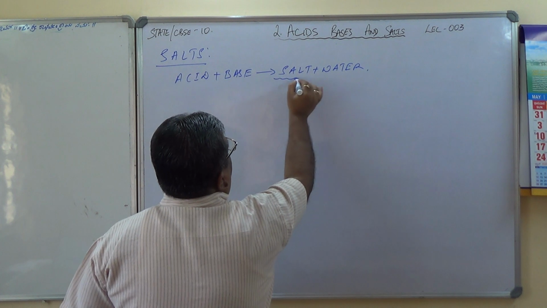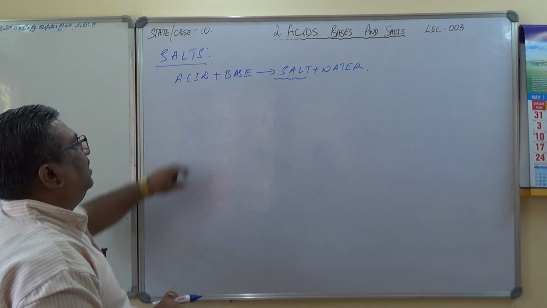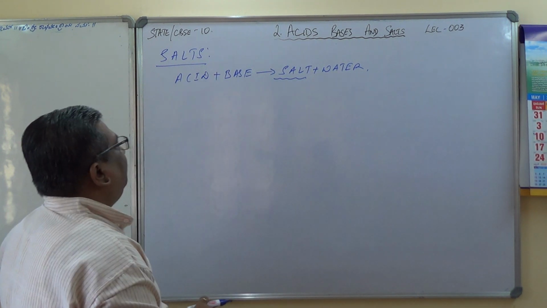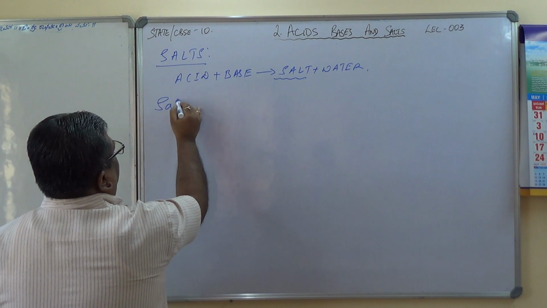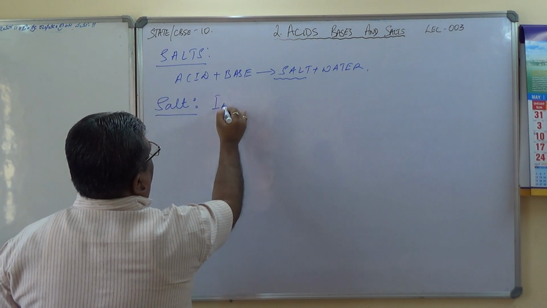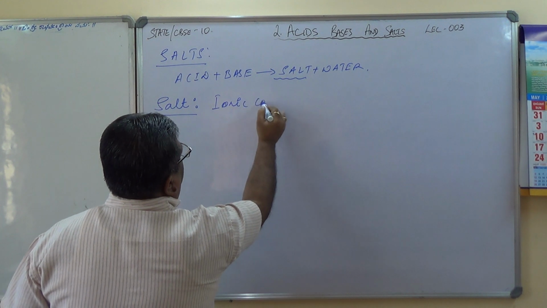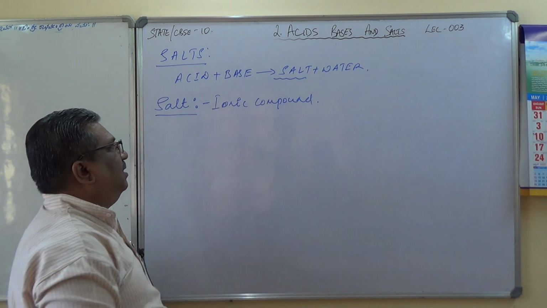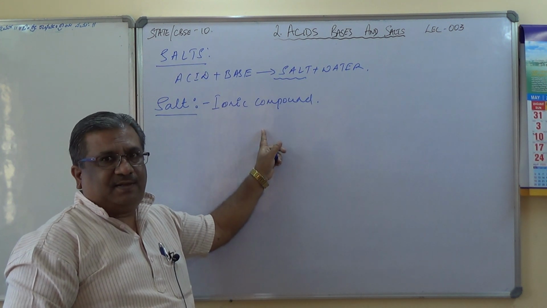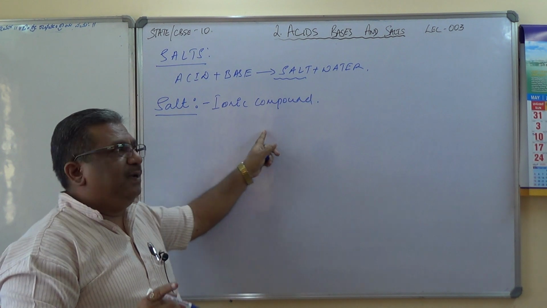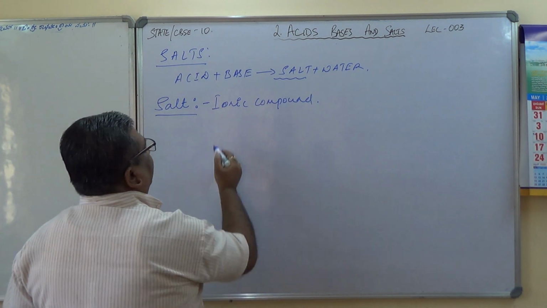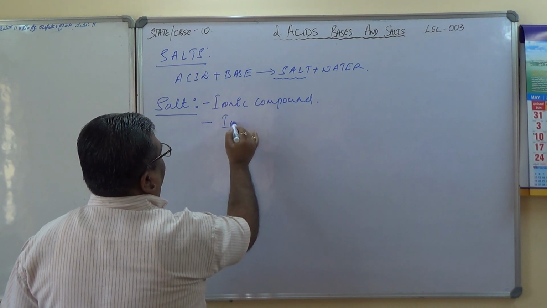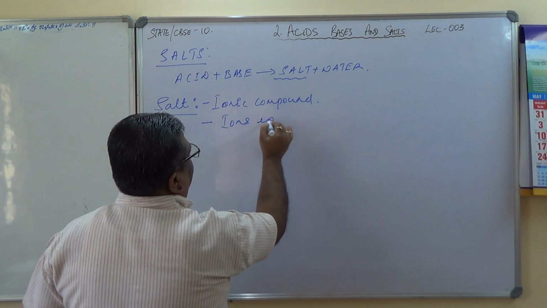So definitely it is a result of the reaction between acids and bases, which is also referred as a neutralization reaction. So salt is an ionic compound. It is also referred to as an assembly of ions. It is an ionic assembly or assembly of ions. And important thing is, in aqueous solution, it dissociates into ions.